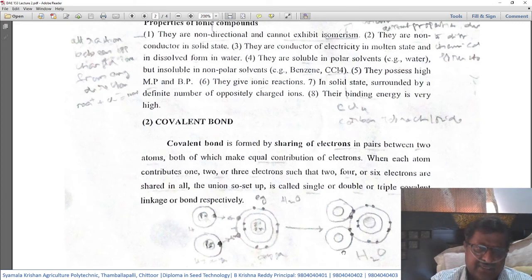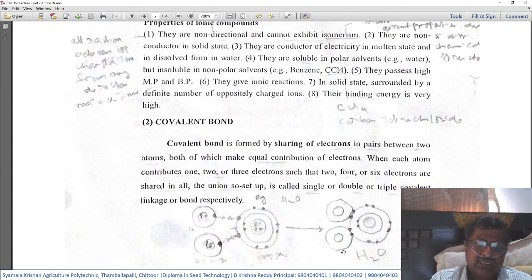In the hydrogen atom, just for information, there is a nucleus which contains only a proton. There will not be any neutron in the hydrogen atom. There is one proton and there is one electron in the outermost orbit. That is, there is only one orbit. This is one hydrogen atom with one electron present in its only orbit.